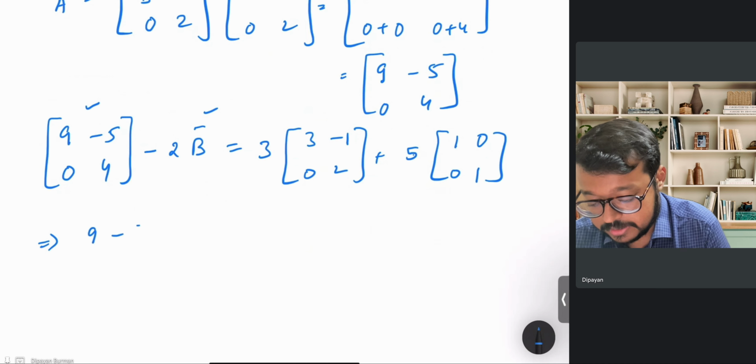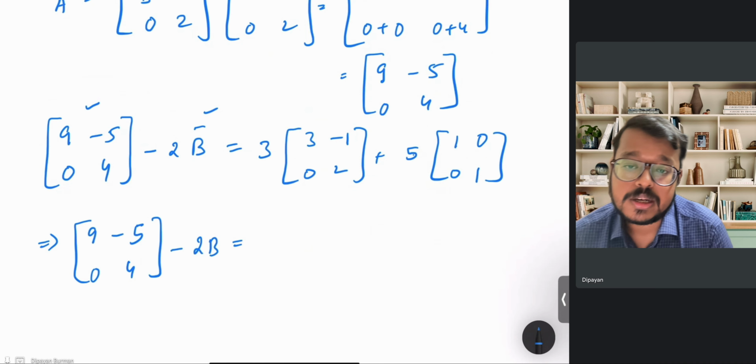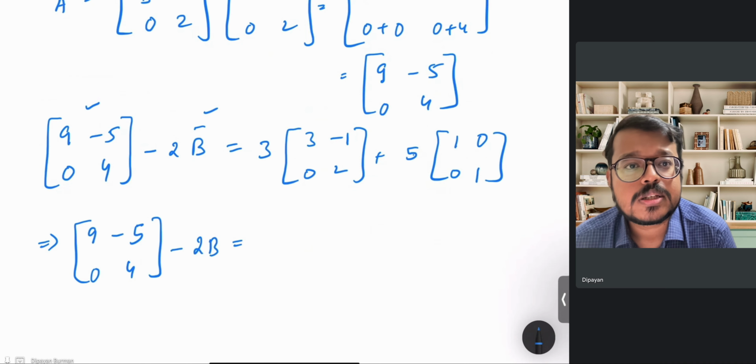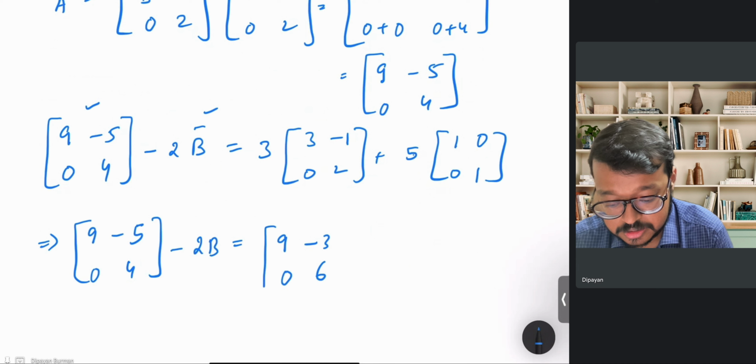And this simplifies to 9 minus 5, 0, 4 minus 2B is equal to a constant multiplied by a matrix. We will just multiply all the elements by the same constant. So 3 times 3 is 9, minus 3, 0 and 6, plus 5, 0, 0, 5.